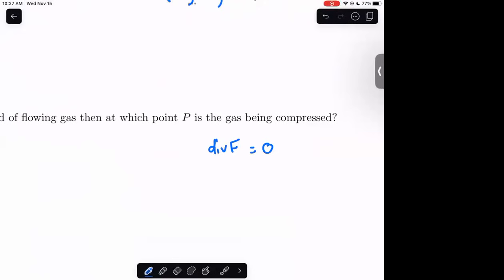We also said that if the divergence of F was greater than 0, then there was more expansion going on than compression at this point, if there was more going out than coming in.